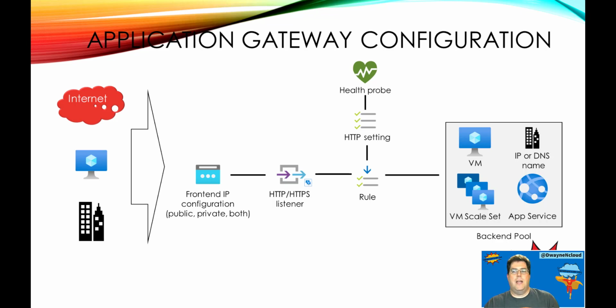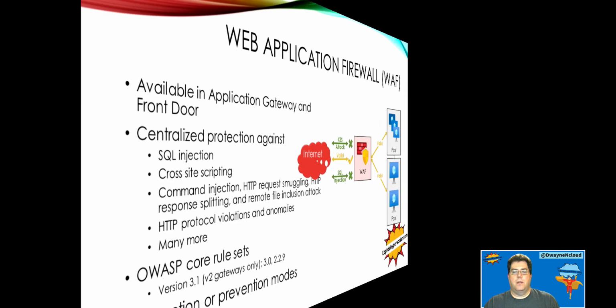The health probe of the application gateway is then looking at the HTTP settings and the rules of those settings, and then sending it to the back-end pool of resources that may be necessary to present the website or video or whatever resources are attempting to be accessed.